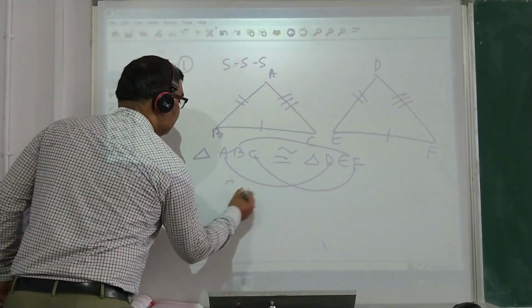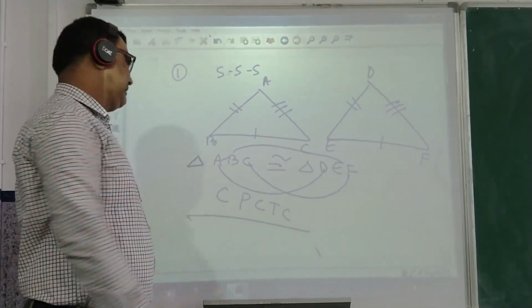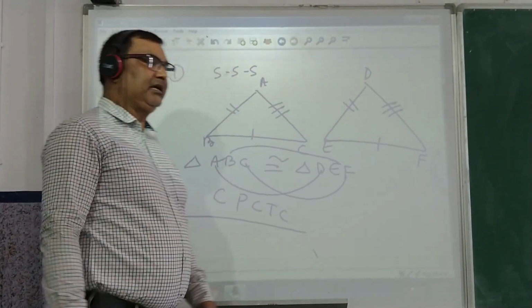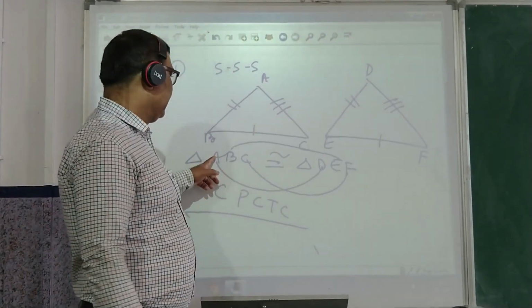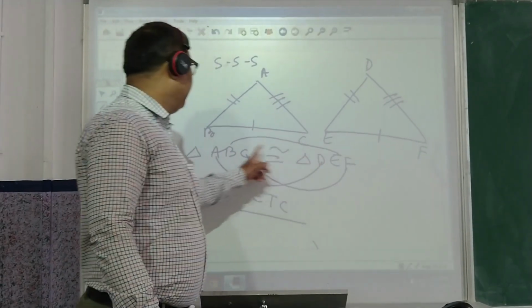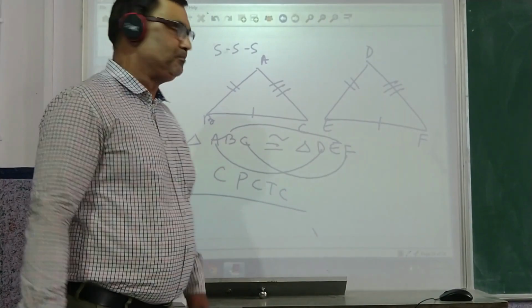So by simplicity, angle A equals D, B equals E, C equals F.